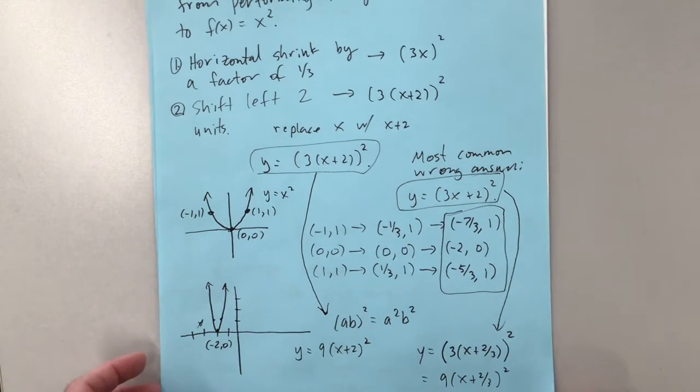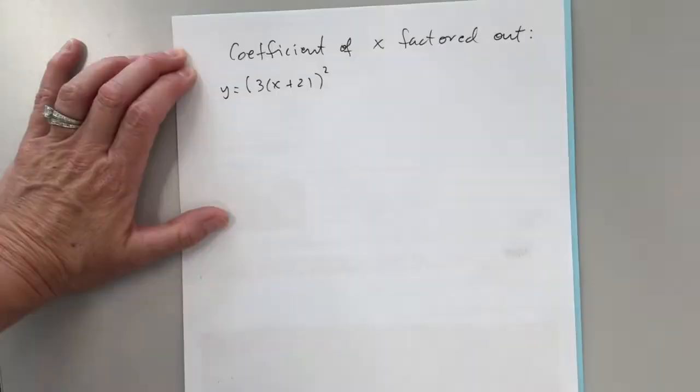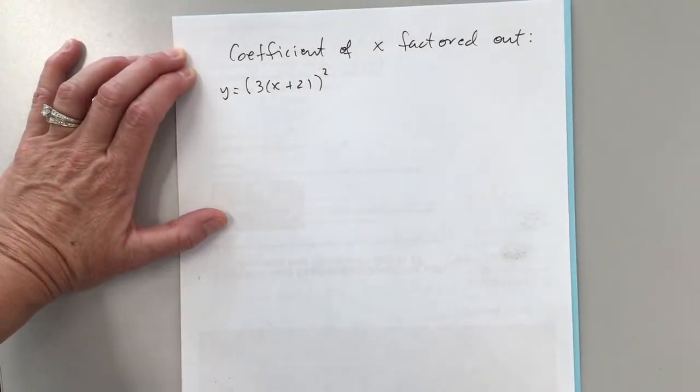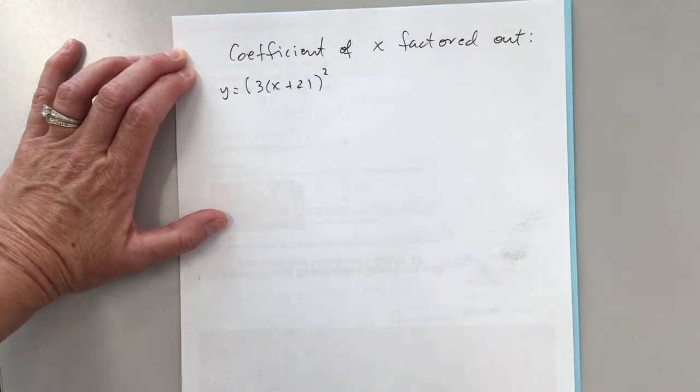So let me summarize those results for you. If the coefficient of x is factored out, first you do your stretch or shrink, then you do your shift.